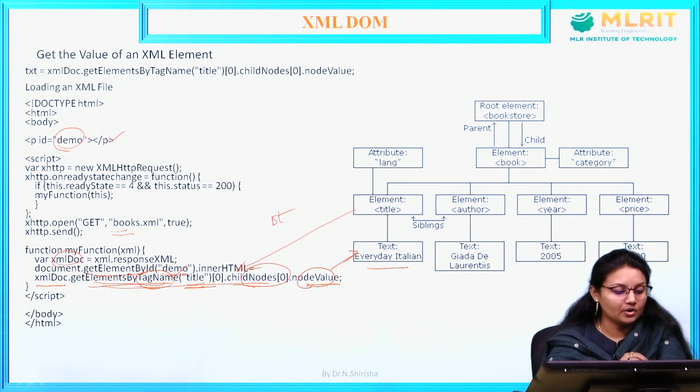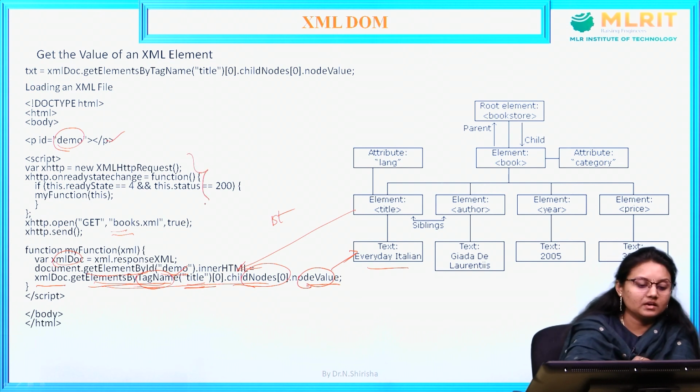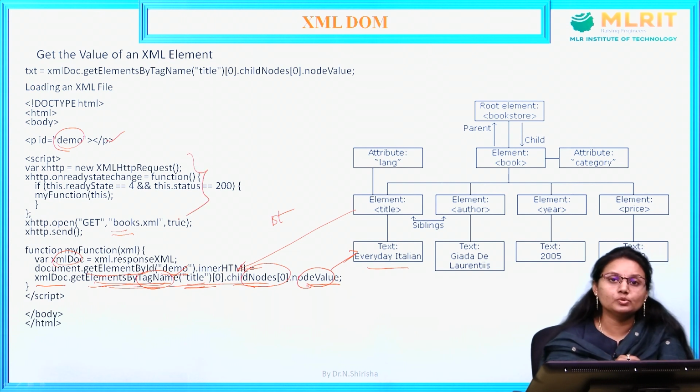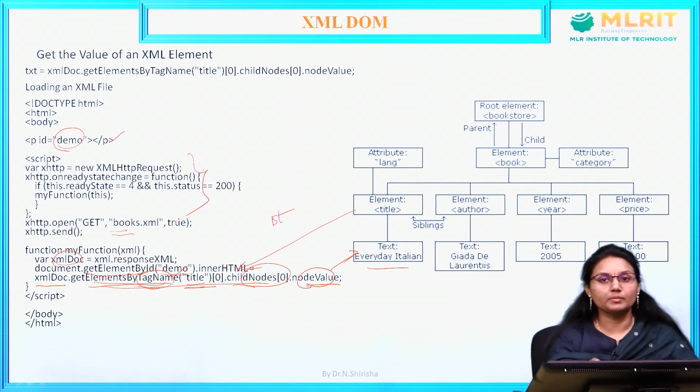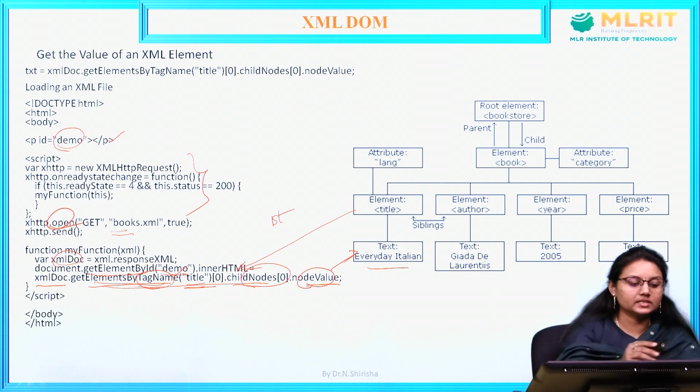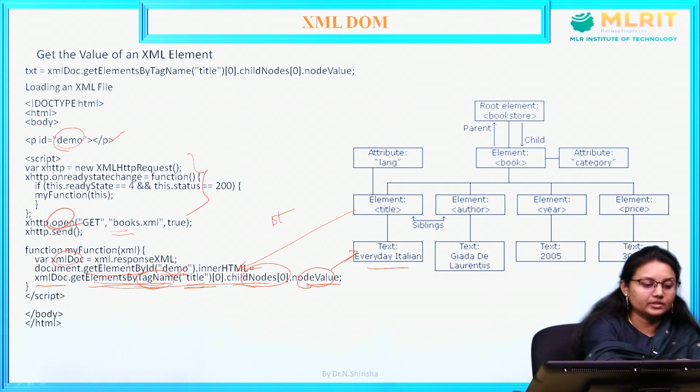So this is how you can do it, and this is the part where you can check whether your XML program is there or not, to know its status. This is how we load the XML program using xhttp, the object that you have created, and .open.